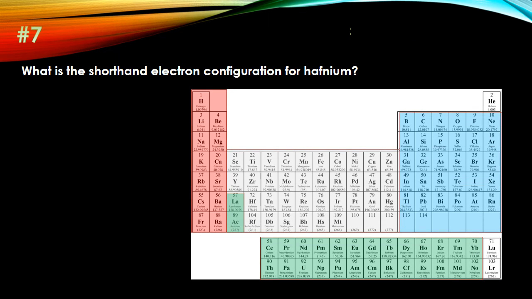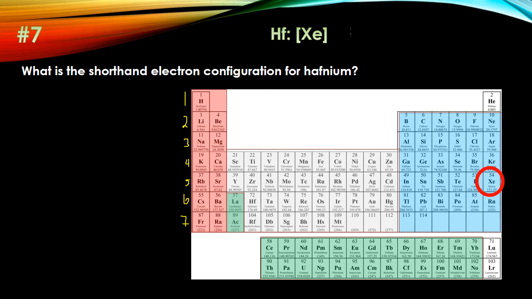Now let's do the shorthand electron configuration for hafnium. Well, that means we get to start with xenon. So we can write xenon. It is a good idea to go through and write down your energy levels. So here's 1, 2, 3, 4, 5, 6, and 7.